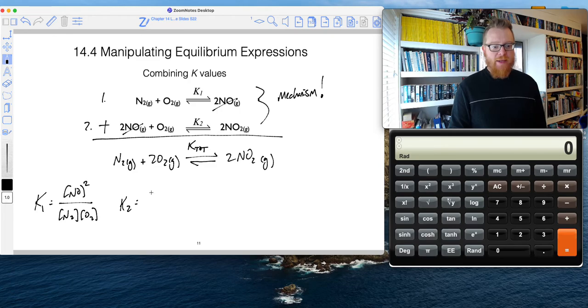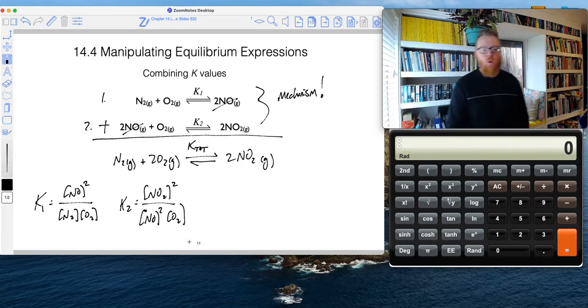Well, that's going to be NO2 all squared, and that's divided by NO squared times O2. Okay, and something cool happens. What happens if I take K1 times K2? What does that equal? So let's multiply these two things together.